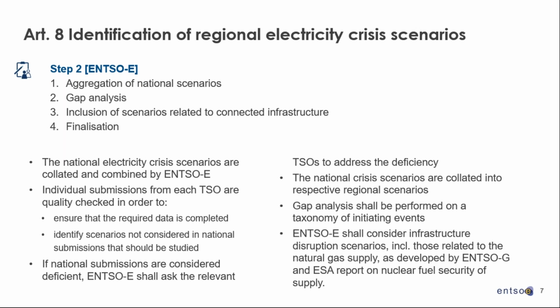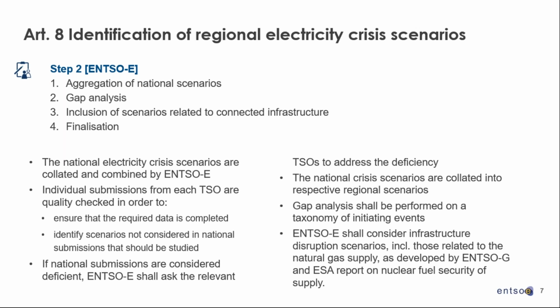There's a picture already supplied from ENTSO-G of regional risk to gas supply. We'll look at those, injecting them if they have not been identified as national crisis scenarios with a regional impact, so that the TSOs can then assess the impact in the next step.